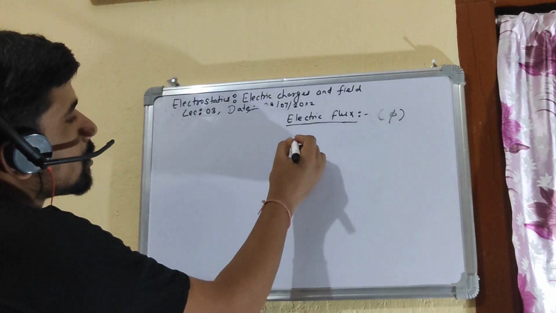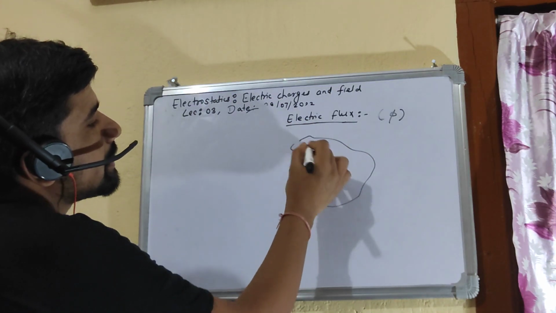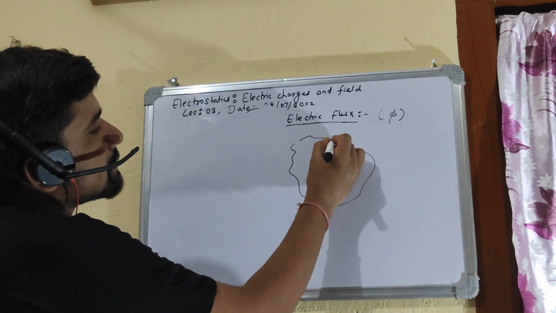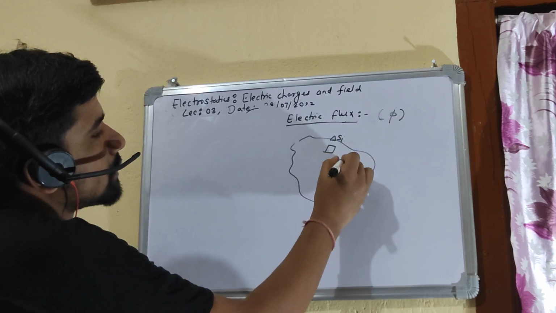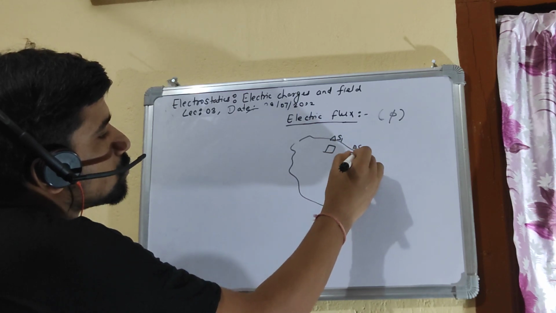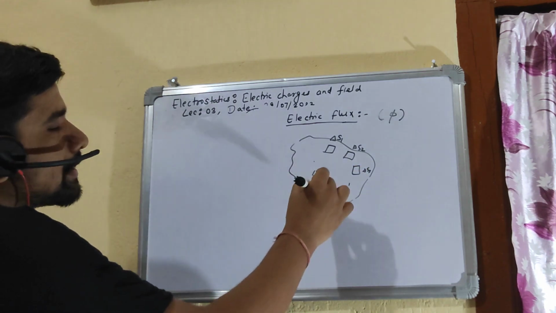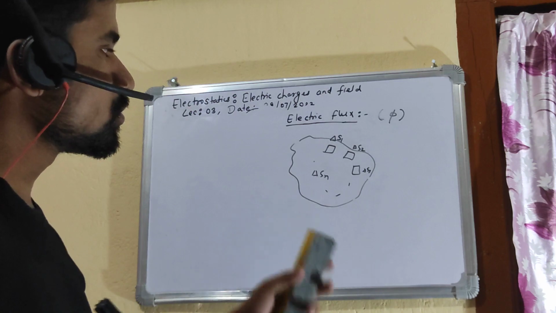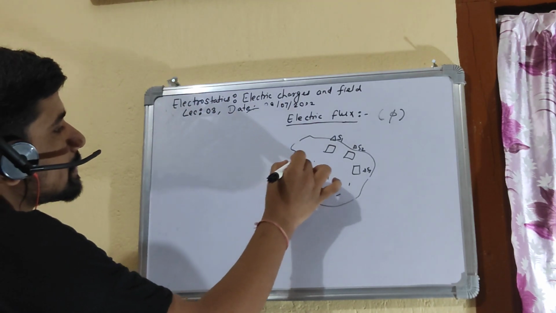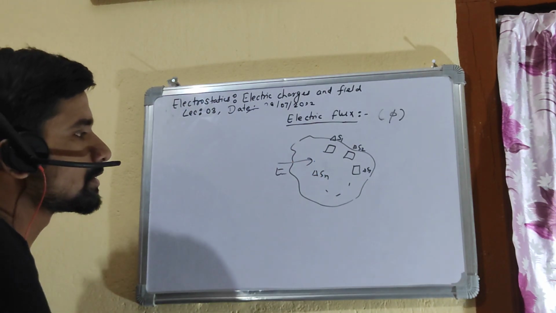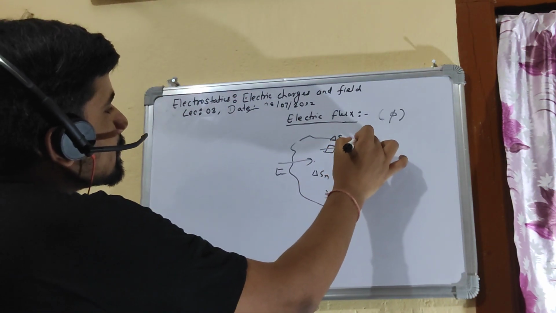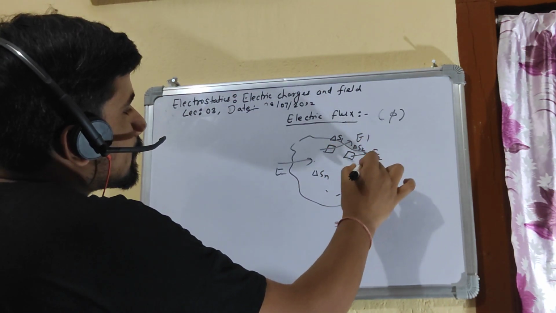Now let's say we have a continuous block. It has multiple small areas. Let's say this area is delta S1, then we have delta S2, delta S3, and so on till delta Sn. Let's say the electric field is E1 here, E2 here, E3 here, or En here.